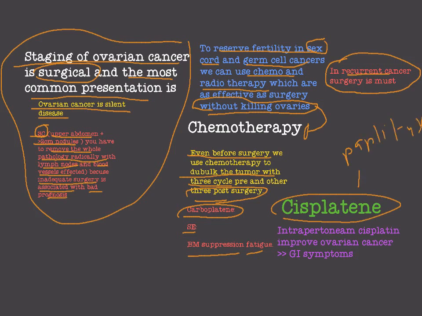okay. Paclitaxel also has some side effects like complete alopecia and neurotoxicity, but now it is used extensively, okay. Paclitaxel is also used with endometrial and cervical cancer when nothing works, okay. We can also give intraperitoneal cisplatin to improve ovarian cancer.